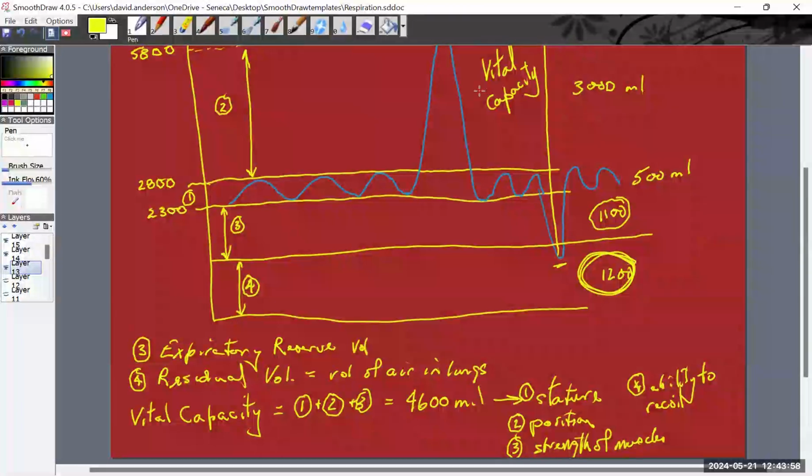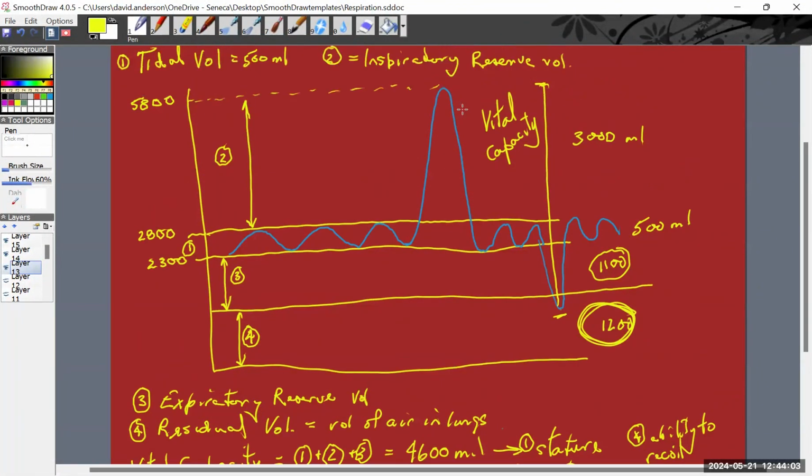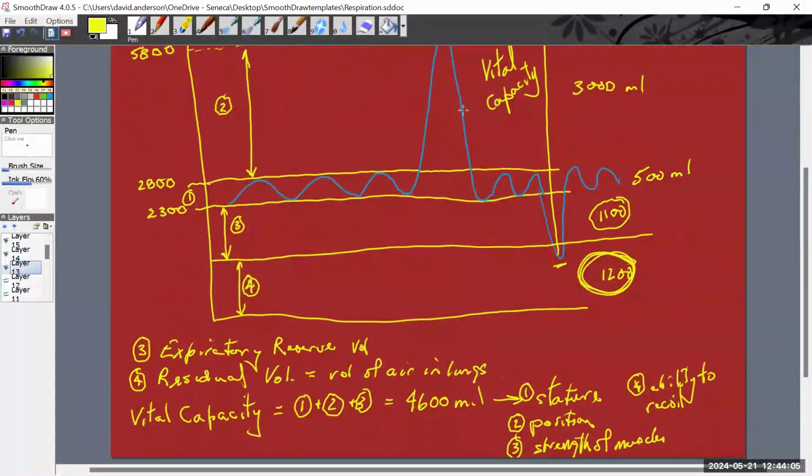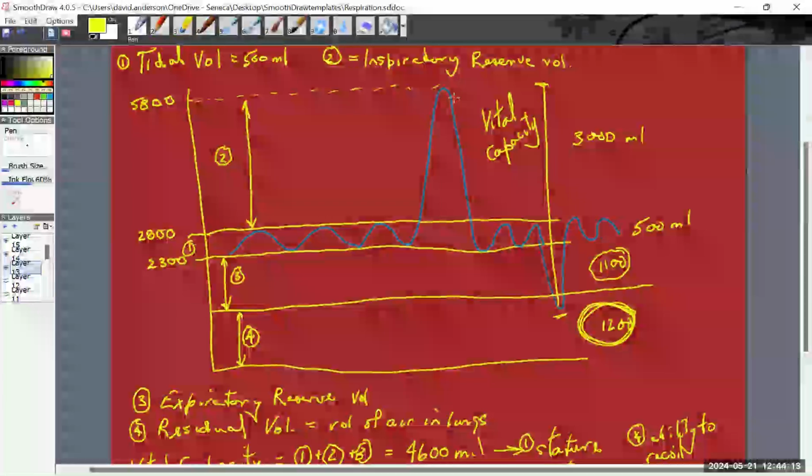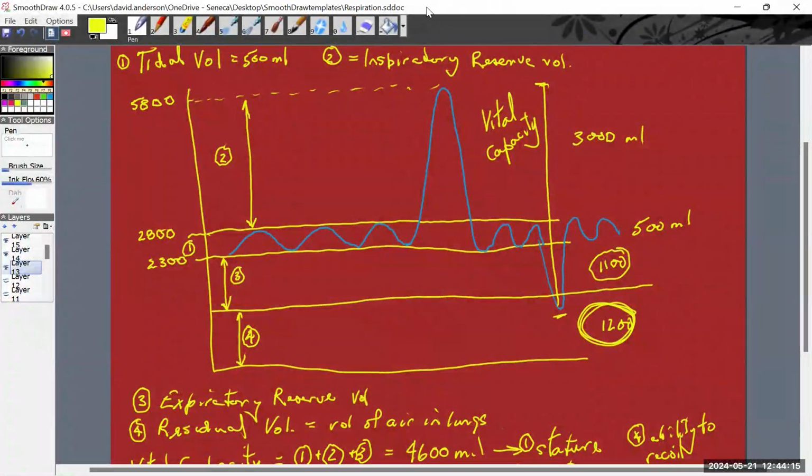Okay, so there's some other volume terminology that you could look at if you want to in the textbook or the PowerPoints, but these are the ones to be aware of generally, not the total numbers. I'm not going to make you memorize numbers, just the definitions of what each of these mean.